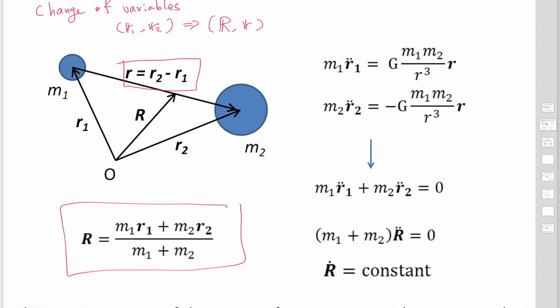From r sub 1 and r sub 2 to capital R and lowercase r is the change of variables.